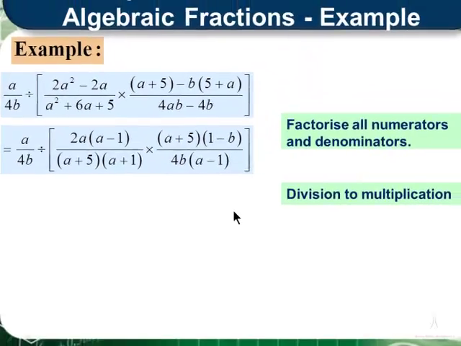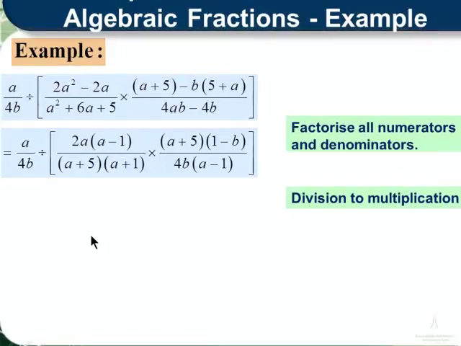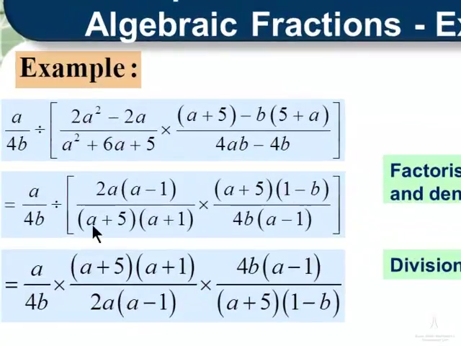Now the next step would be to change the division into multiplication. And this is done by considering the reciprocal of the expression in the square brackets. Just note here, we have a product of two algebraic fractions, and if you consider the reciprocal of such a product, the order of the numerators and denominators will just be reversed.